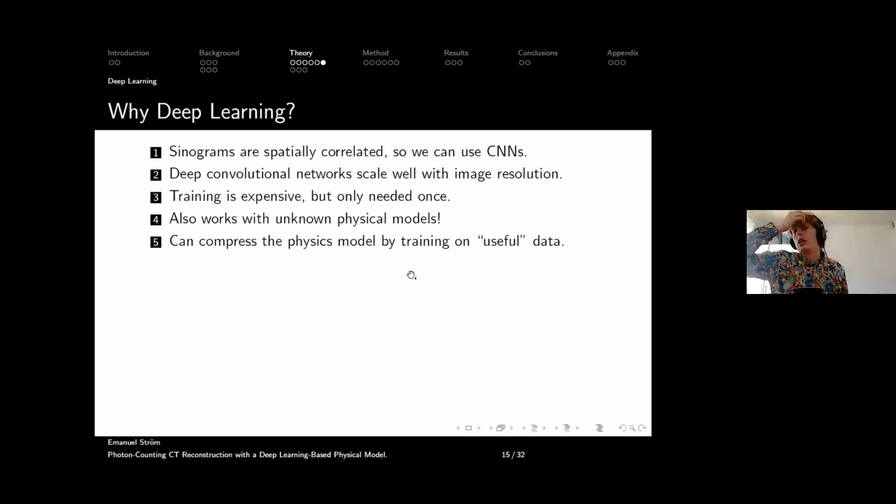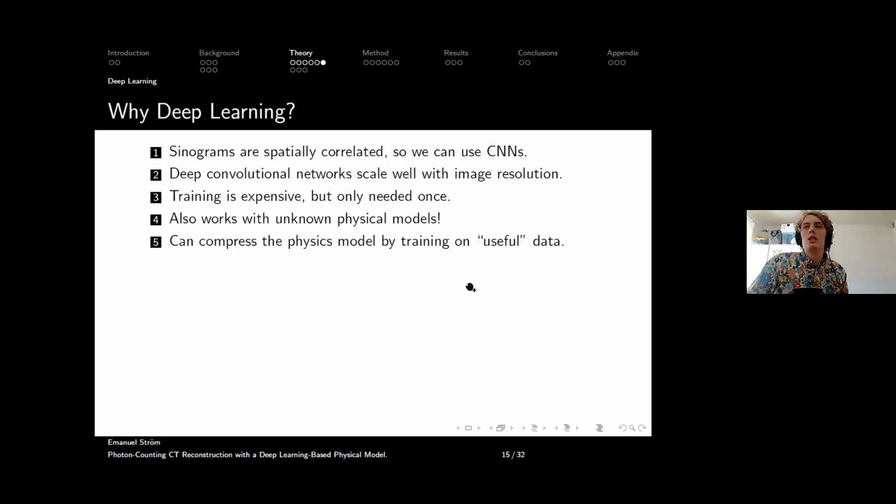And then lastly, which is a more convoluted point, and this explanation is going to be kind of heuristic, but the idea here is that we can use the fact that the number of possible useful data points in CT is limited, and that can be used to compress this forward operator.